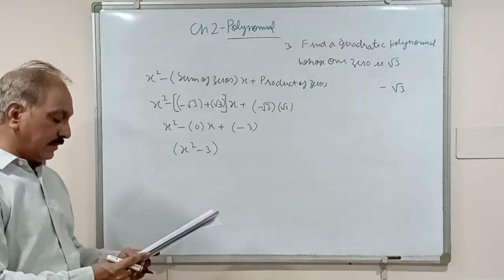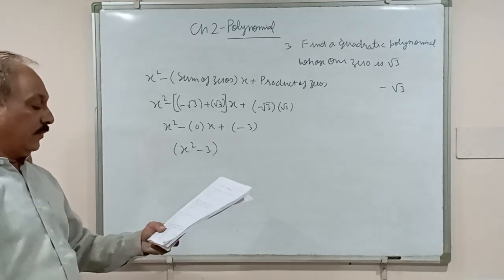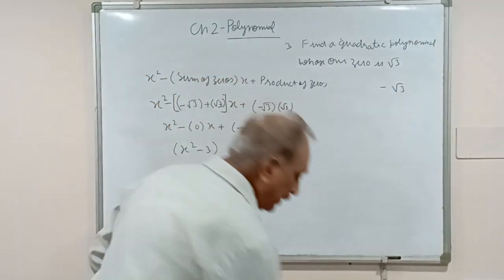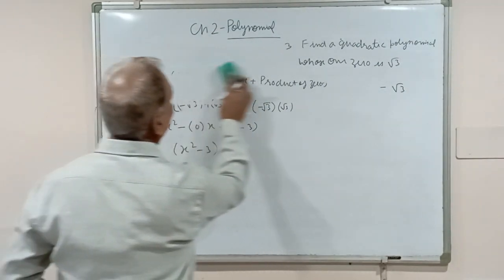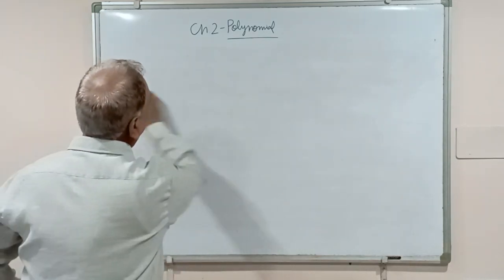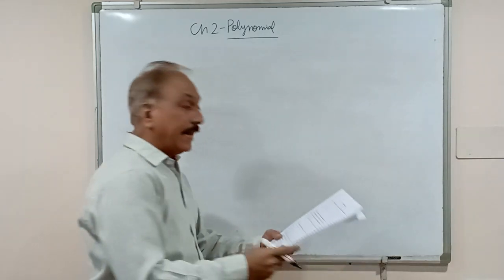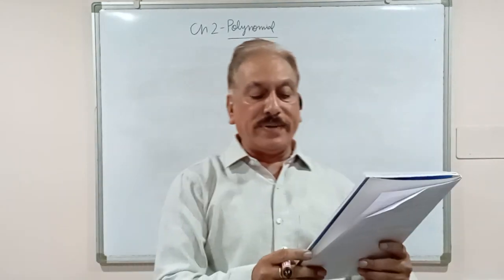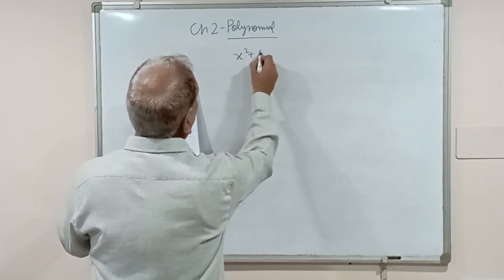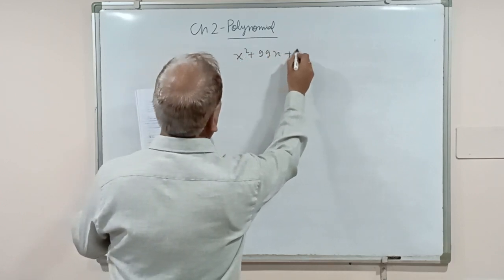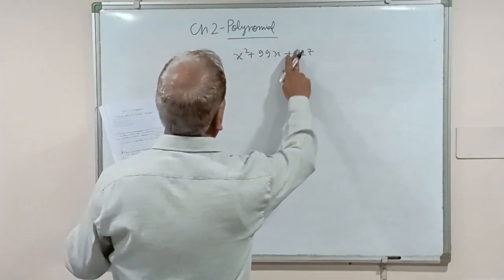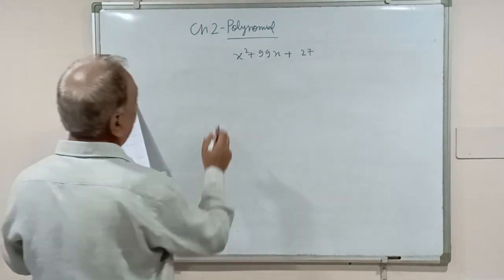Next is the zeros of the quadratic polynomial x square plus 99x plus 127, that is the first part.